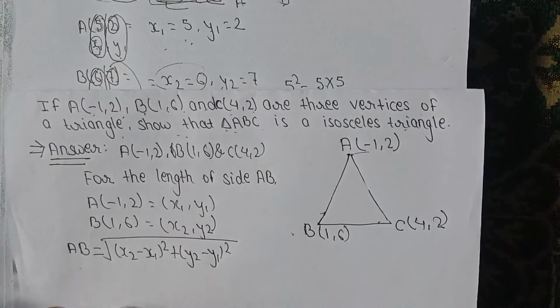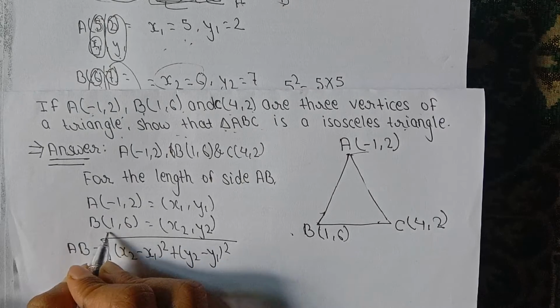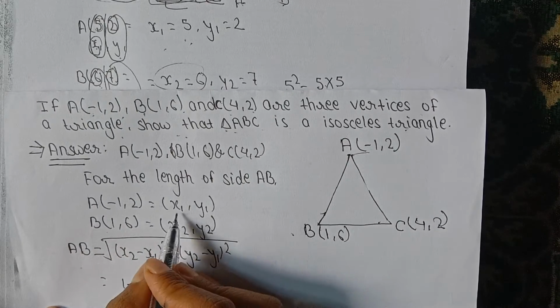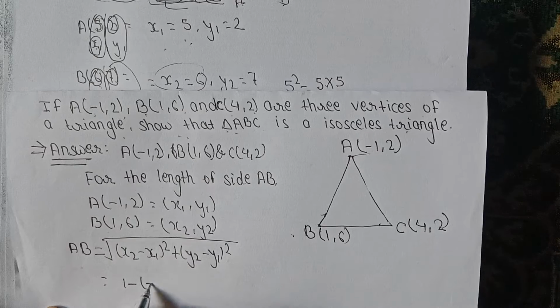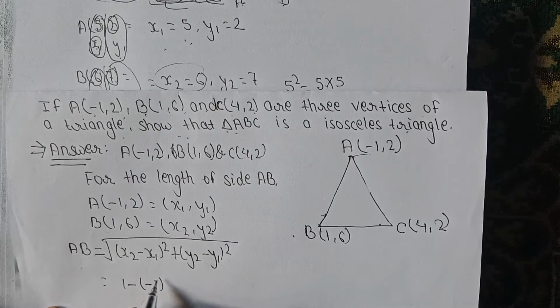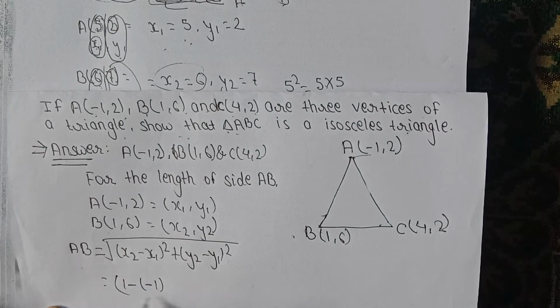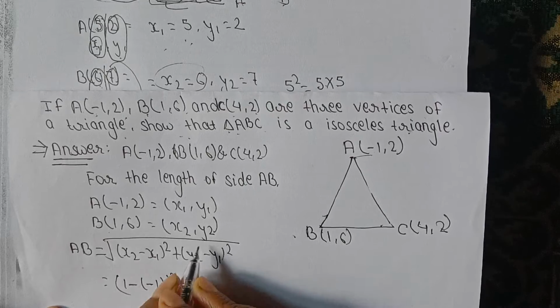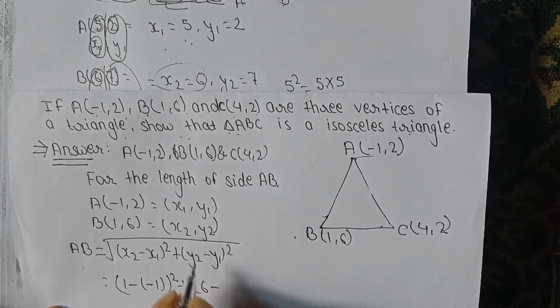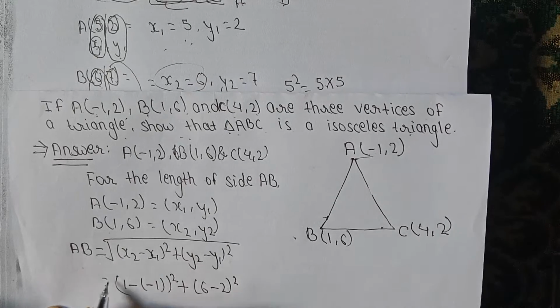Here x2 is 1, x1 is minus 1, so we put it in a bracket, and whole square. And y2 is 6 and y1 is 2, so 6 minus 2.